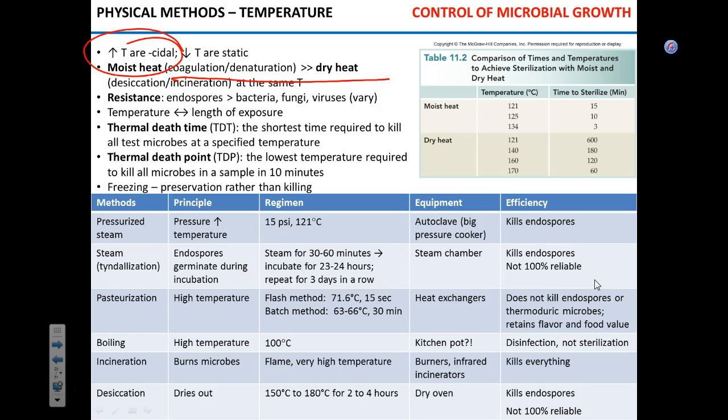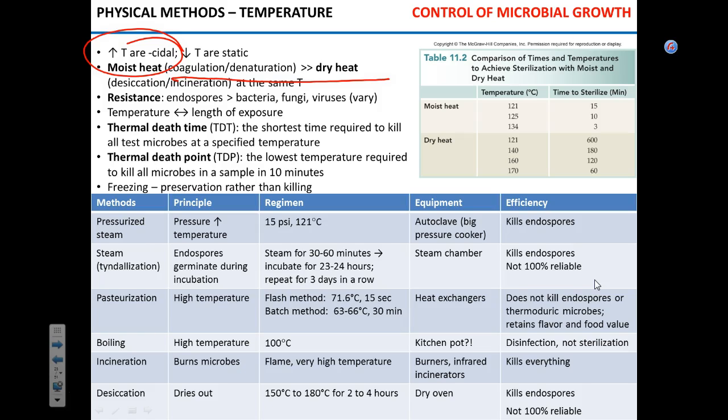Yeah, it takes less time. So for moist heat, it takes less time to reduce the number of microbes than for dry heat. So what about resistance? Of course, endospores are the most resistant. Then you go to bacteria, fungi, viruses. Okay, endospores are ridiculously resistant.